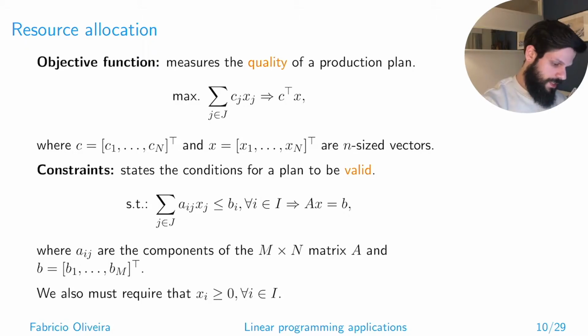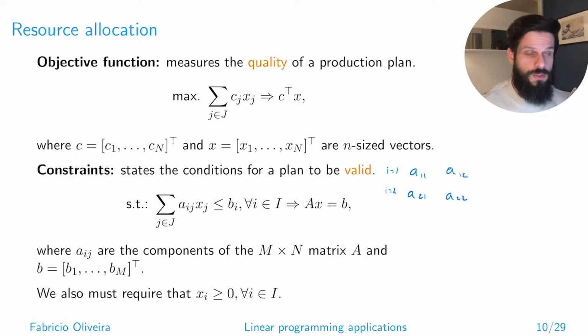So in our two product example, say I use A11 to make product 1, and I use A12 to make product 2, and I may use A21, it's another resource, so i equals 1, i equals 2, and I have A22 for product 2.